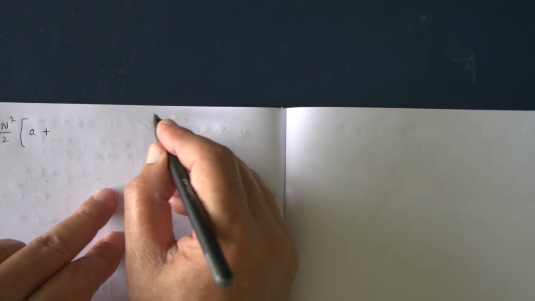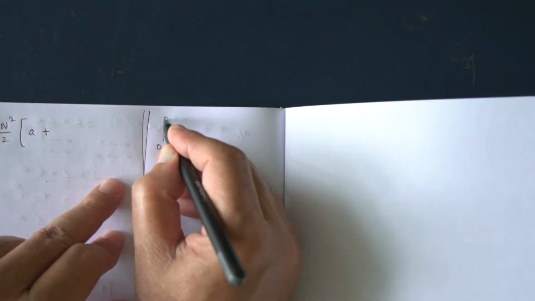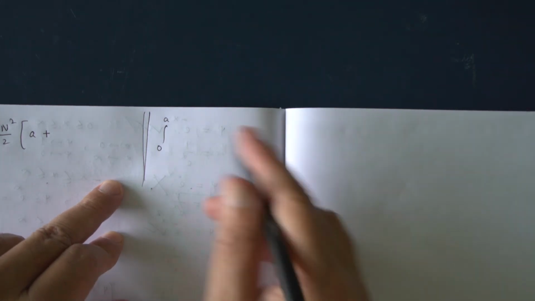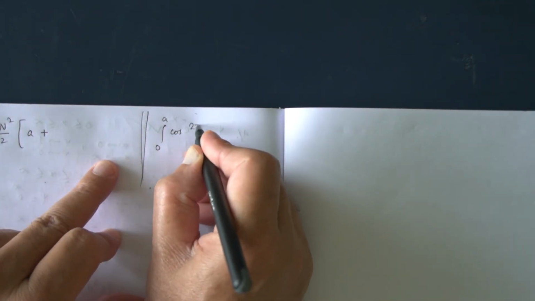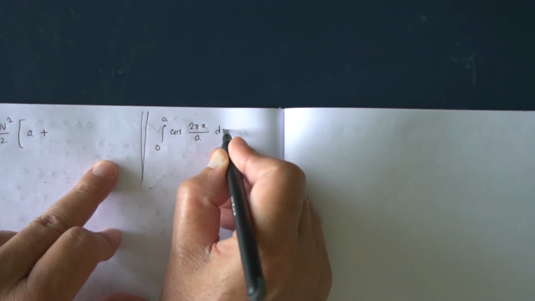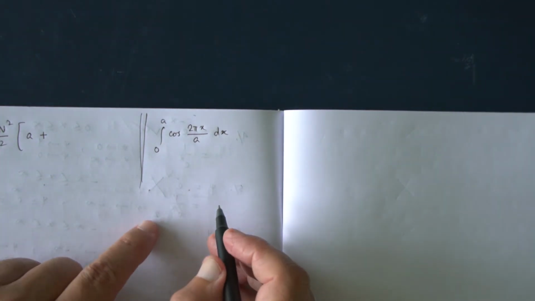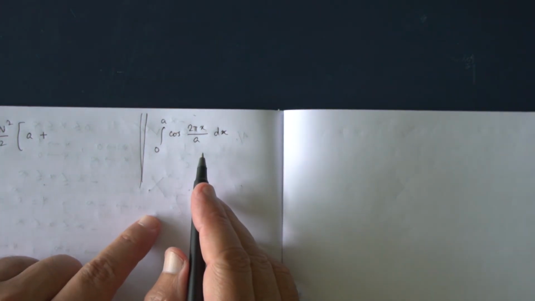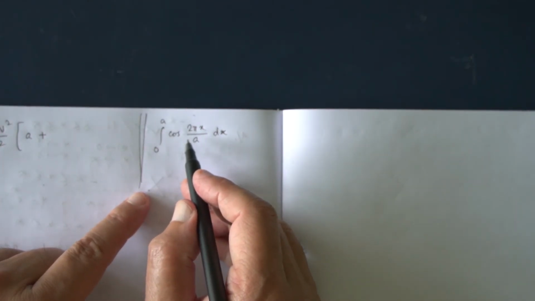Let me solve this integration: the integral from 0 to a of cos 2 pi x by a dx. Let me find out this value. Now we can do it by substitution also.